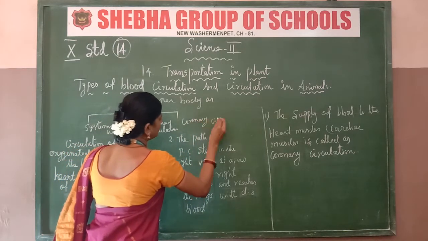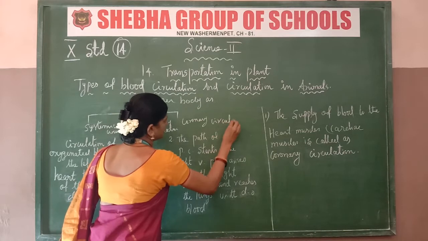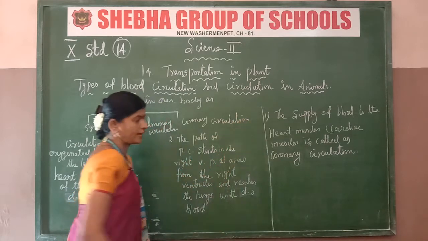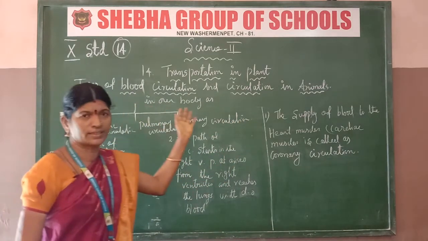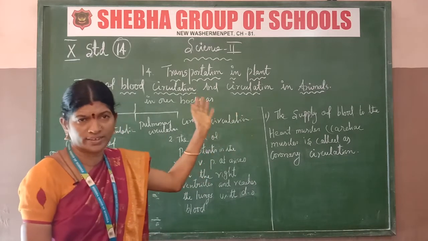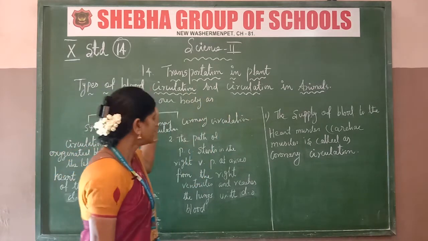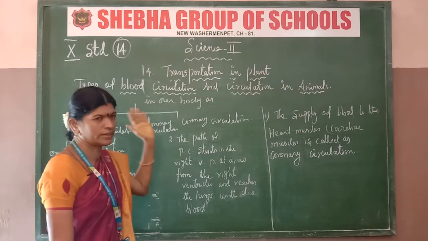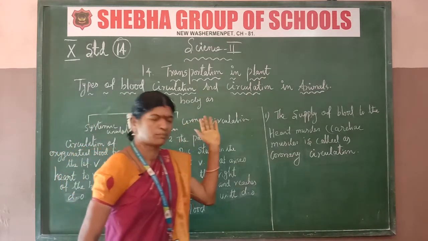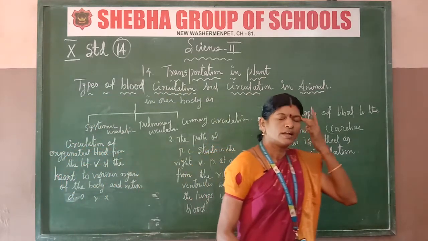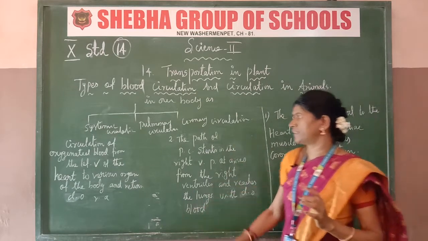So these are all the types of circulation. It's clear. First of all, blood circulation in our body is oxygenated and deoxygenated blood. Then the three types: systemic circulation, pulmonary circulation, and the last one, coronary circulation.